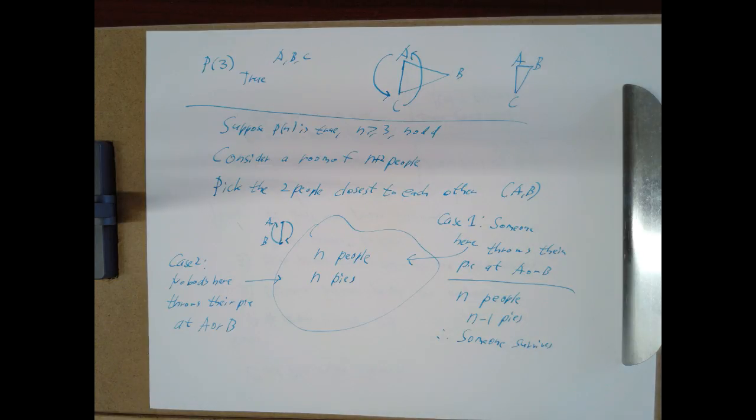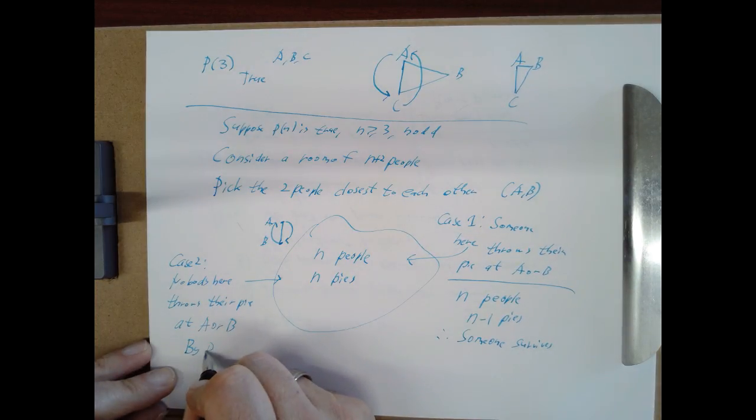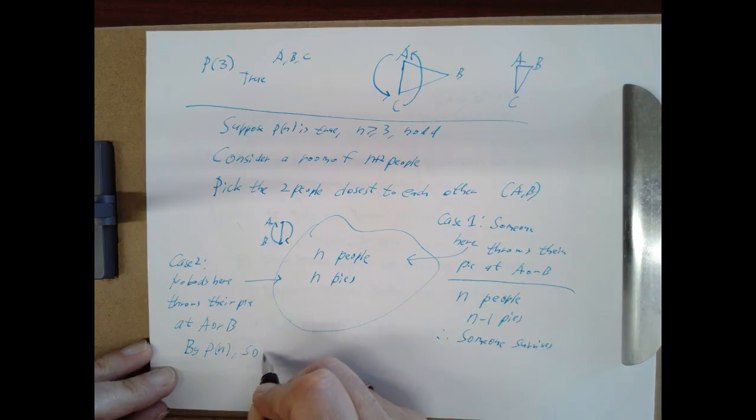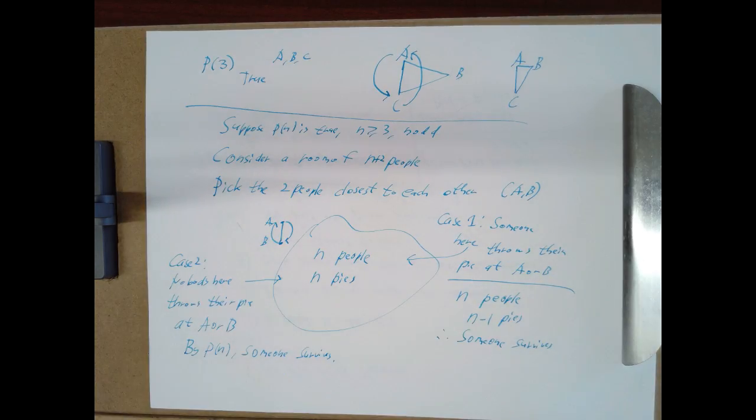What is that? Yeah, that's an n-person odd pie fight, right? And so by P of n, someone survives. Right, because we're supposing P of n is true, and by P of n, somebody's going to survive that scenario.